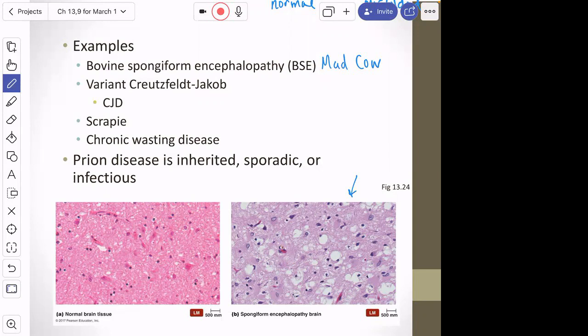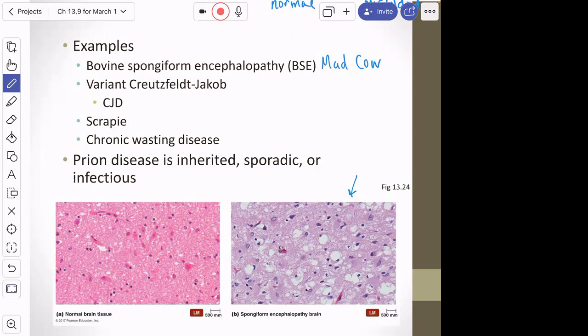For some reason, it had been common practice for hundreds of years to feed animals ground up parts of animals that we weren't using for anything else. So bone meal and parts of brain were thrown into animal feed. When a cow died of mad cow disease, it would get ground up and fed to other animals, and that's how it was spreading until we figured out that we just couldn't do that anymore.